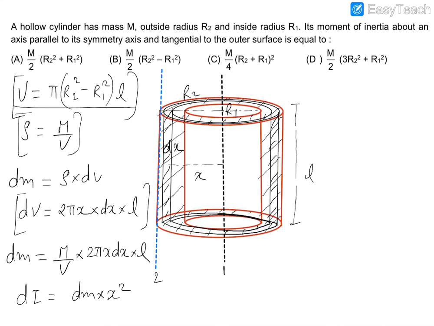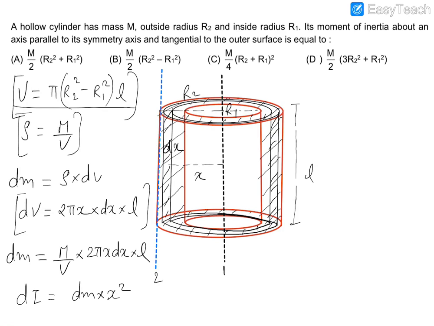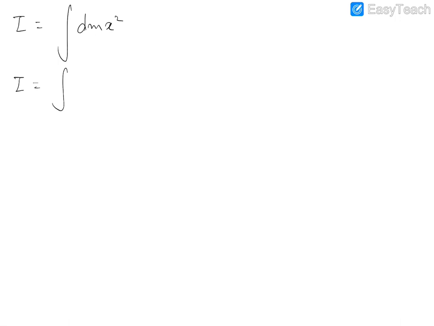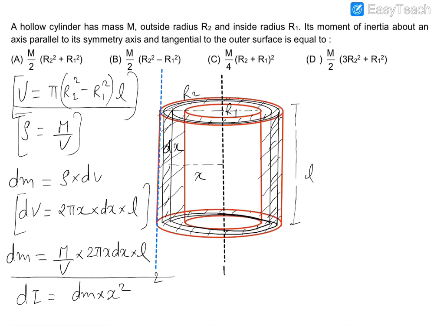So I would be equal to integration of dm into x square, and the value of dm is m upon V into 2 pi x dx into L, and this is x square. The volume is equal to pi into (r2 square minus r1 square) into L.